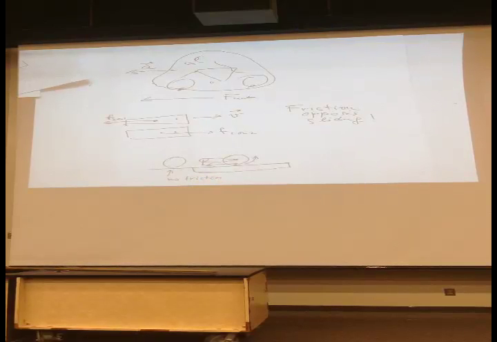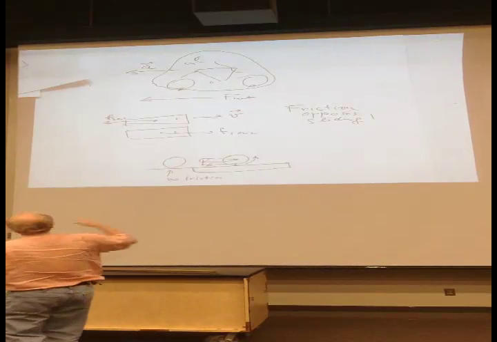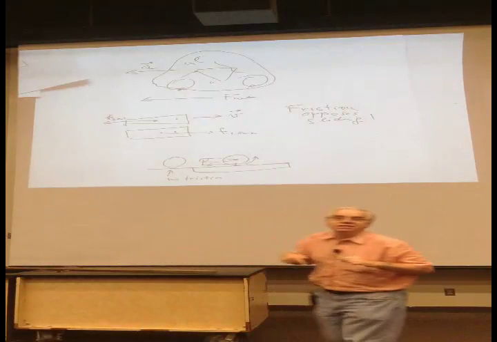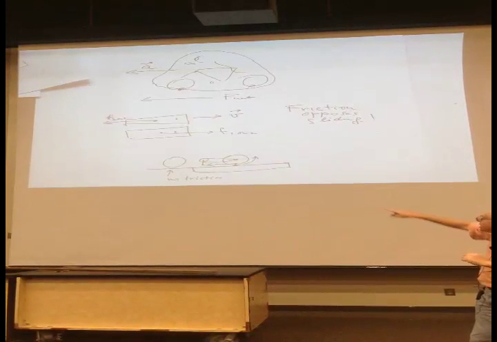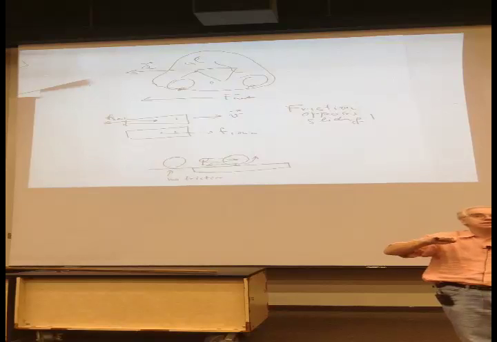Because we have friction for the rear wheel, now the bicycle will start moving to the left. But we have no friction for the front wheel.